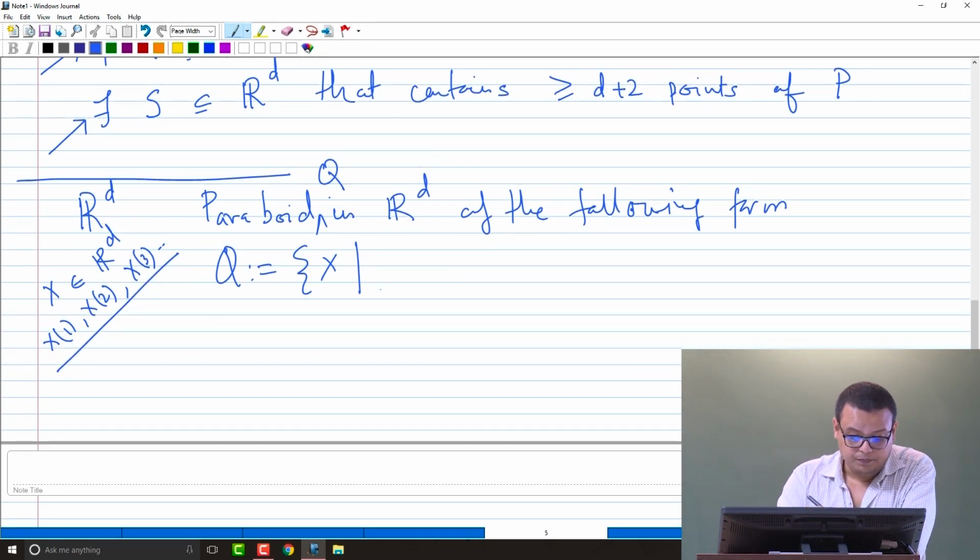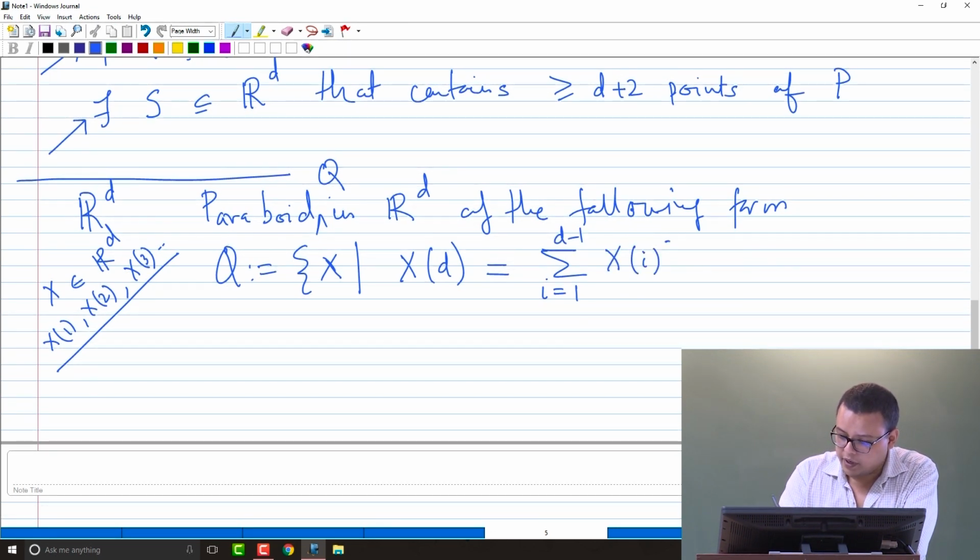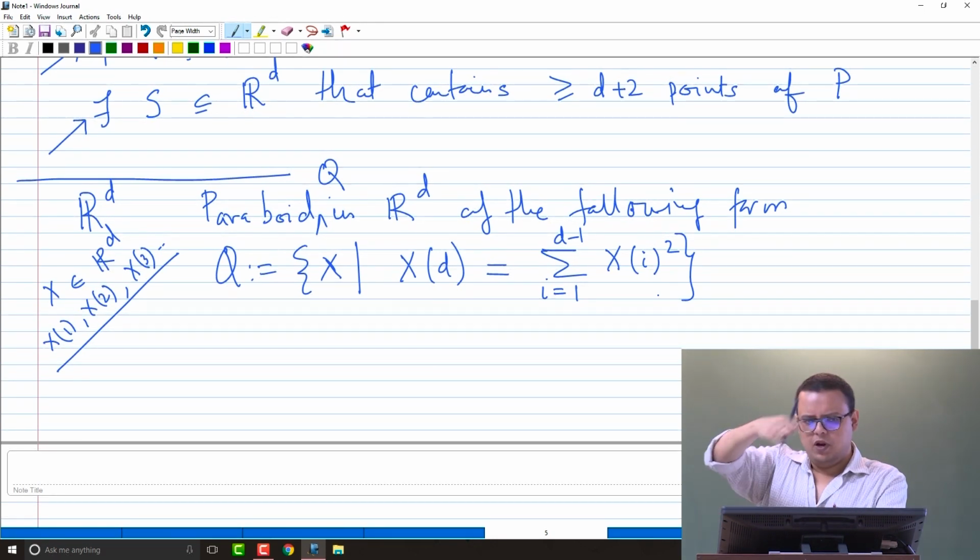So all those x such that x of d is equal to the summation i equals 1 to d minus 1 of x_i squared. It's a paraboloid that goes through the origin. This looks like this, right?